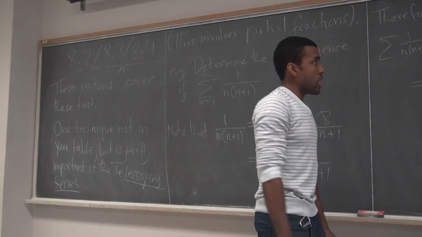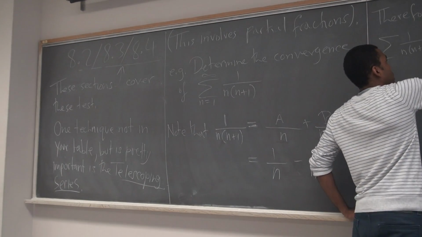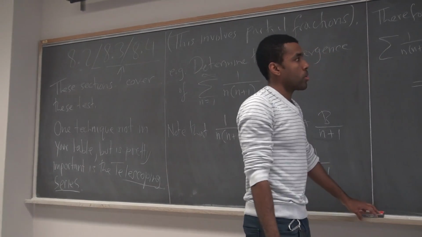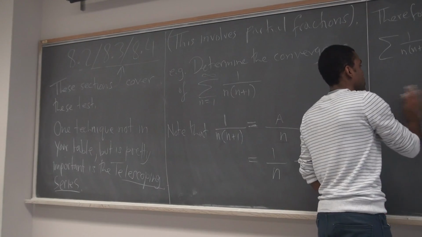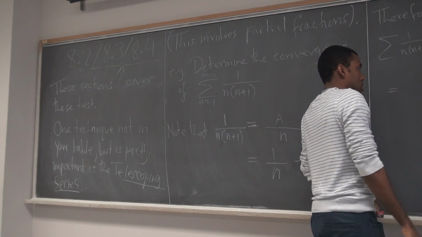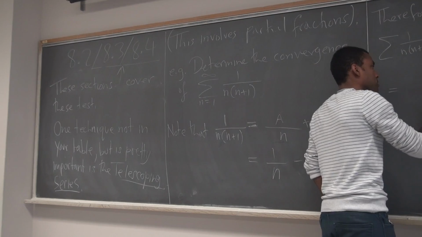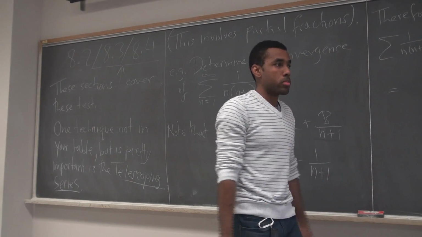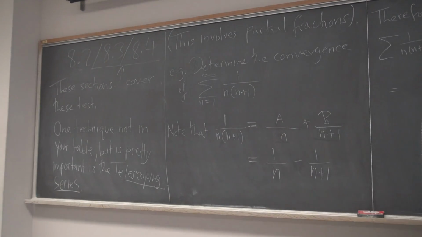Now, how do we describe what this series is doing? So here's how we handle this. Start writing out some terms. What does the first term look like? 1 minus a half.